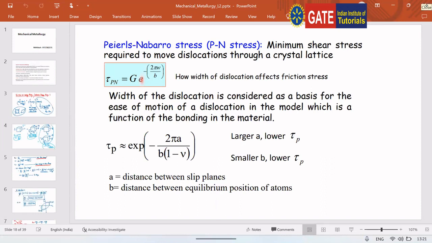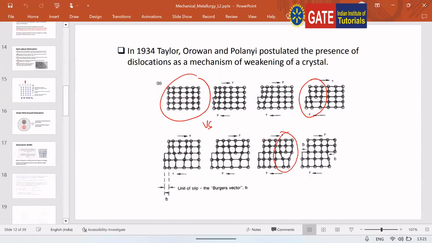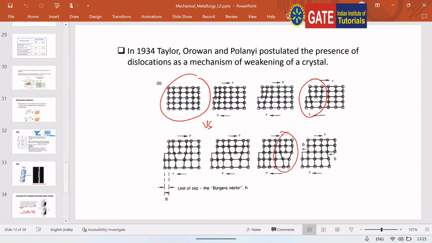This is the minimum shear stress required to move the dislocation in the crystal, and it depends on the material.